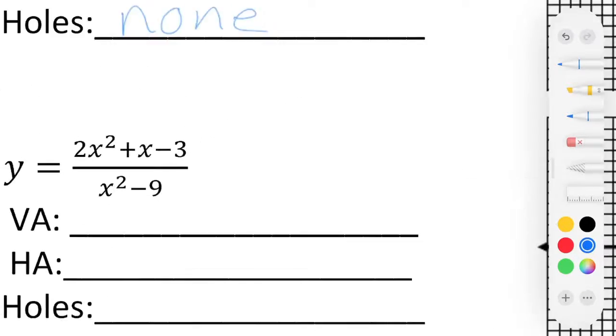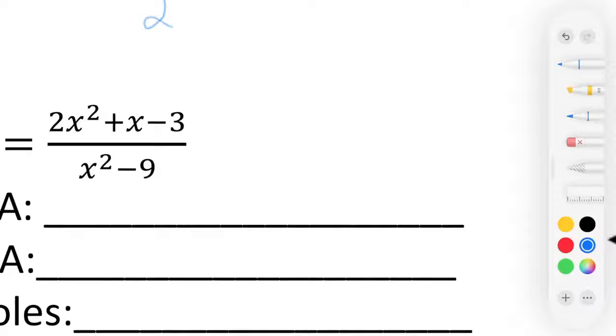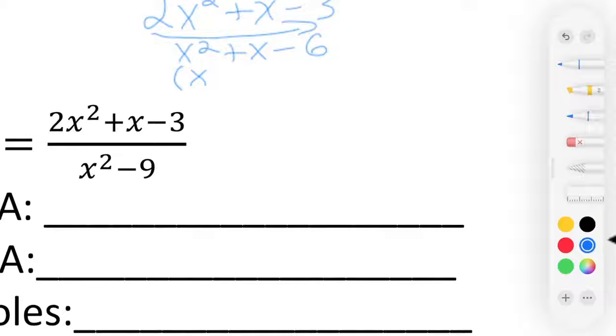Number three, we're going to factor. So give me a little bit more space. There we go. So we're taking 2 times x squared plus x minus 3. We want to slide and divide, so we have x squared plus x minus 6. Factor this, we have x plus 3 times x minus 2.